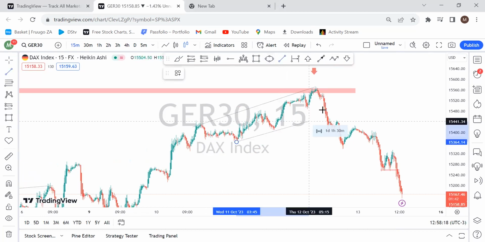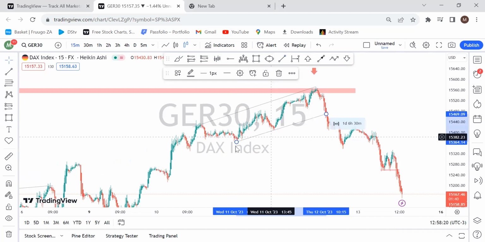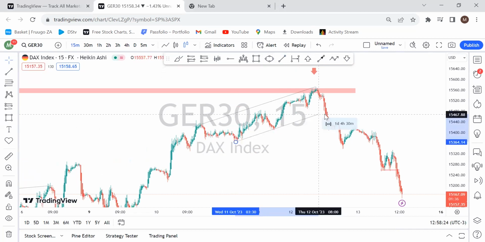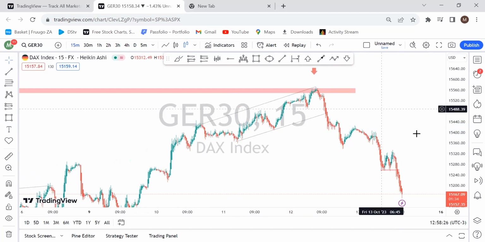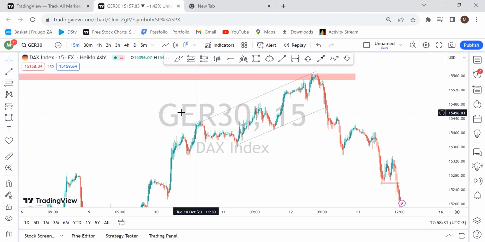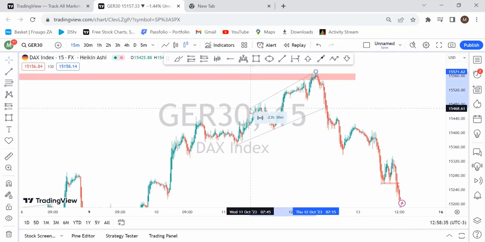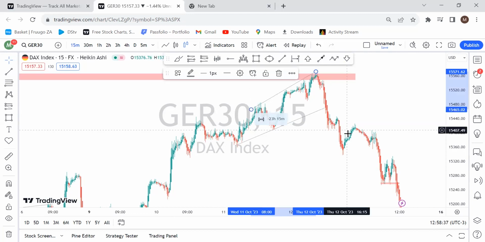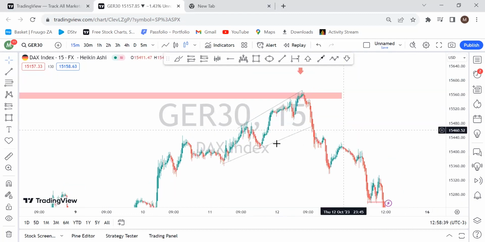Get your support as well. But the key area really is the resistance in this case. So with this one, many can argue that it's more or less like this as well, which is fine, right?